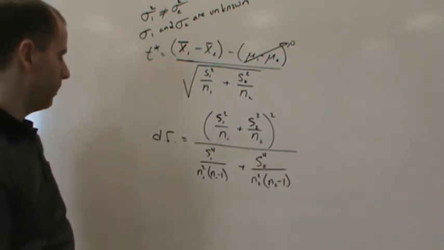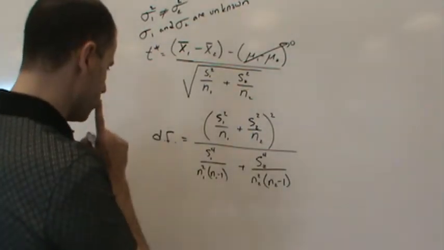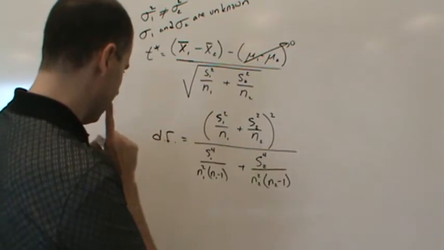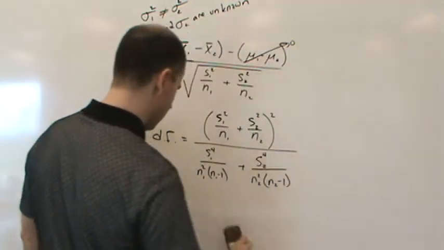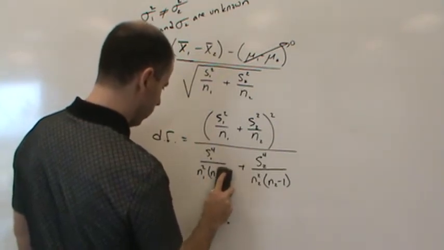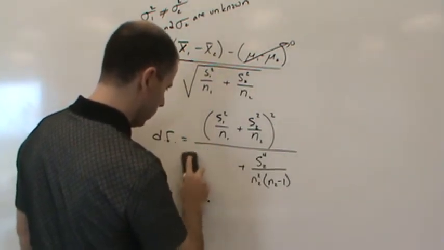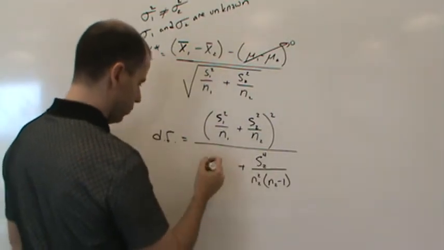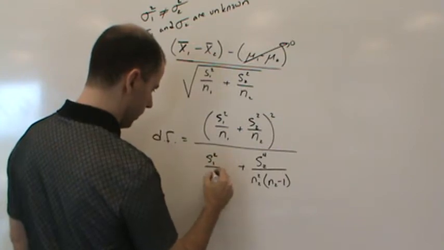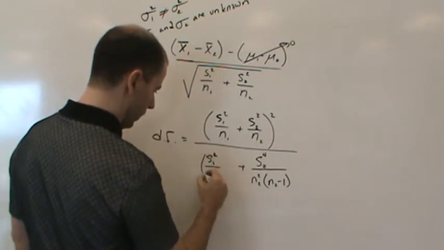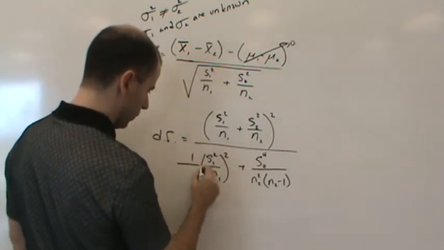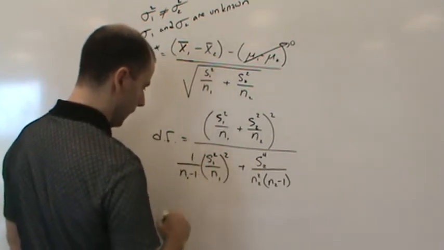Now the other way I've seen this, just so you know, is this. I'm just going to change the denominator a little bit. I've also seen it this way: S1 squared over N1 quantity squared times 1 over N1 minus 1.